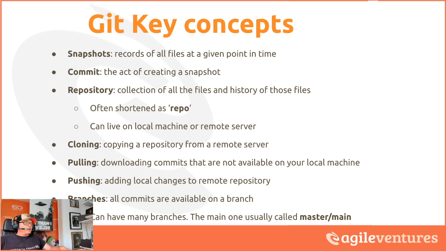That has to do with some changes in our cultural views. The word master carries with it some negative values from a historical perspective, so they chose to move away from that name. In the newest version of Git, I think the default branch for all new repositories is called main and not master anymore.